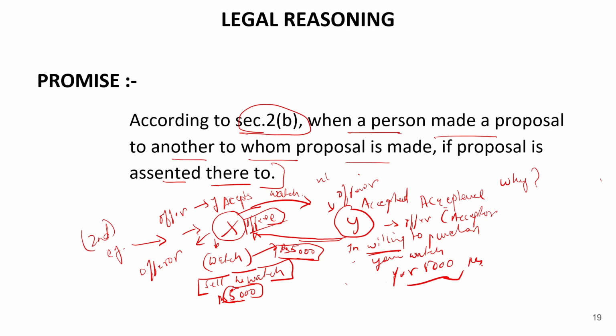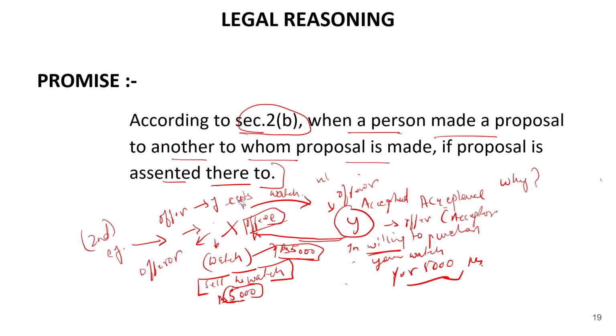Just by merely assuming or merely thinking in the mind, without communicating that I wish to do something or to abstain from doing something, in order to get the acceptance, in order to get the approval, or in order to ask the other person to do something or to abstain from doing something, that becomes only possible when that particular information of the offer is communicated.